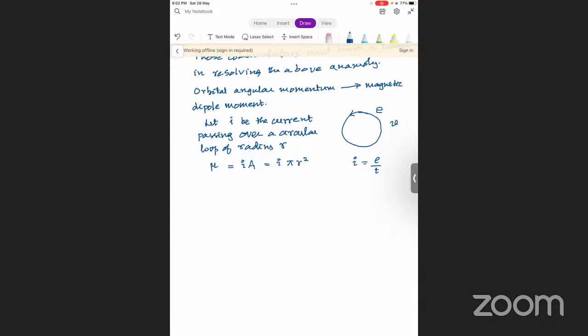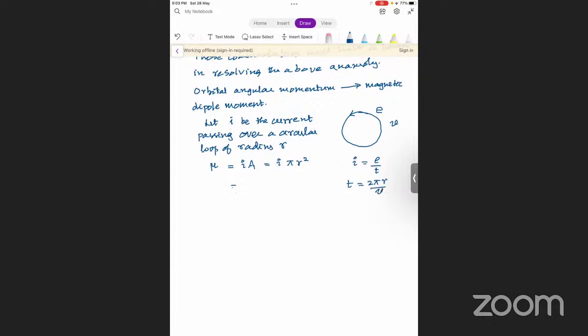The total length is 2 pi r, so t is 2 pi r divided by v.